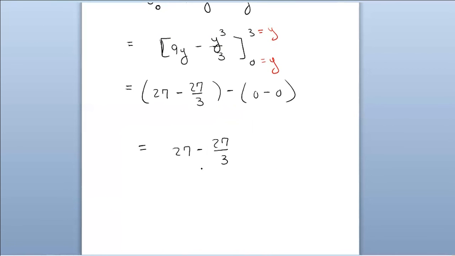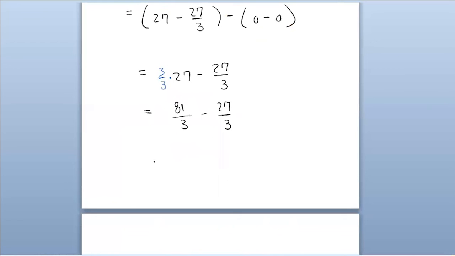Oh, we could simplify this. We can combine the fractions. So let's put them both over 3. Well, this one's already over 3. And 3 times 27 is 81. I hope. Seems accurate. And now we can combine these.